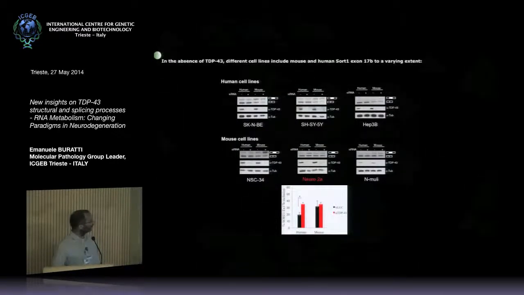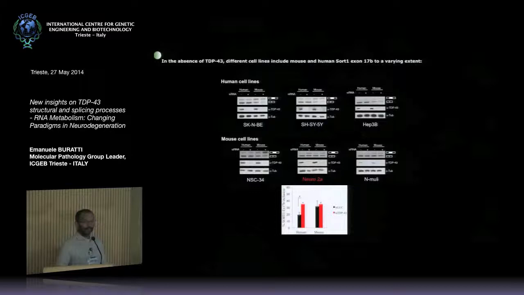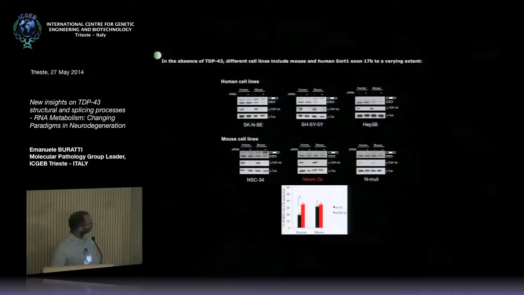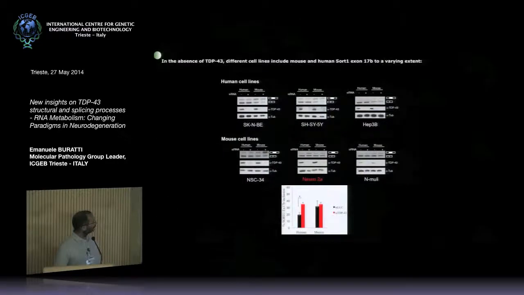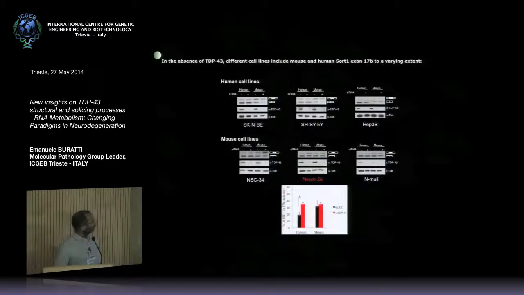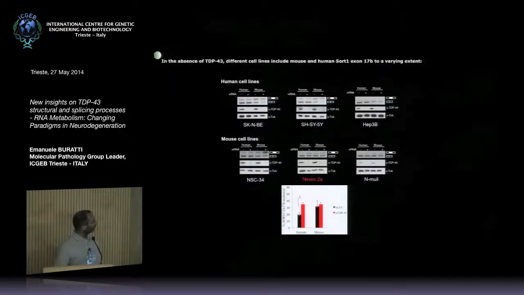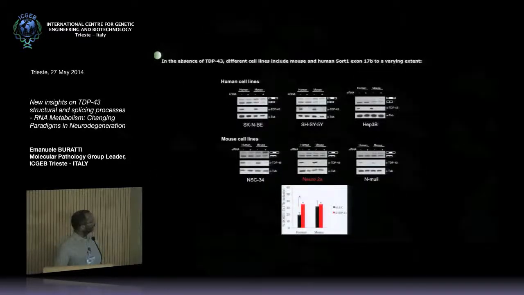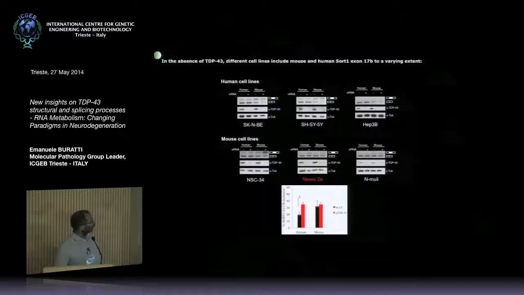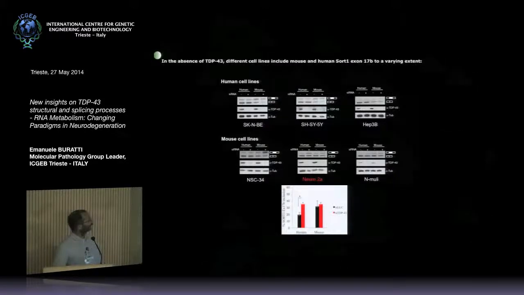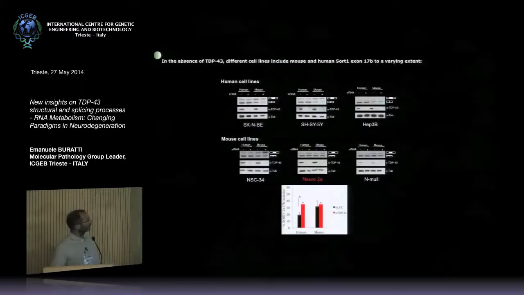So we have started to look, with Fateme Mohagegi, our latest PhD student, at what happens if we look at a more extensive panel of human and mouse cell lines using mini-genes that carry either the human or mouse exon 17B, and to see what was the effect of removal of TDP-43 in these different cell lines.